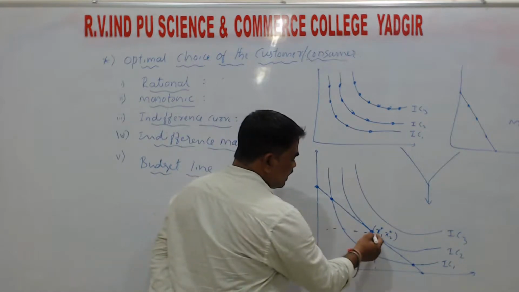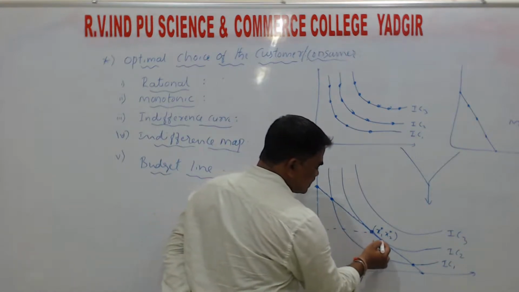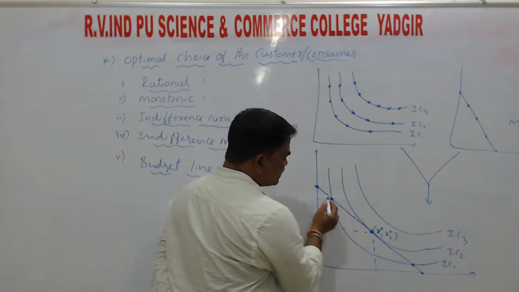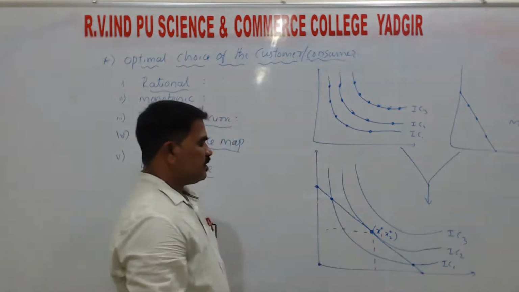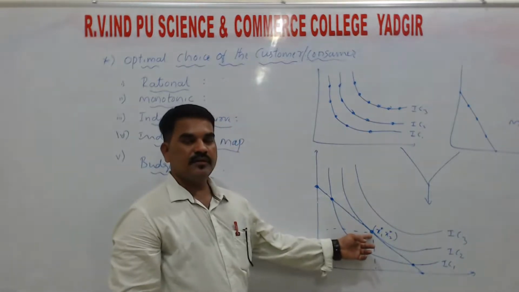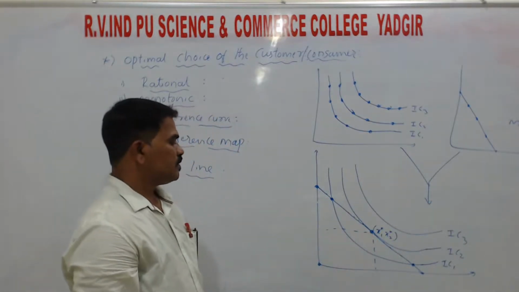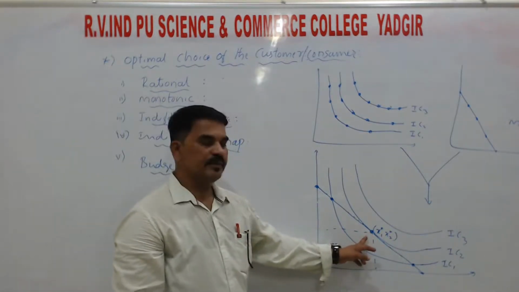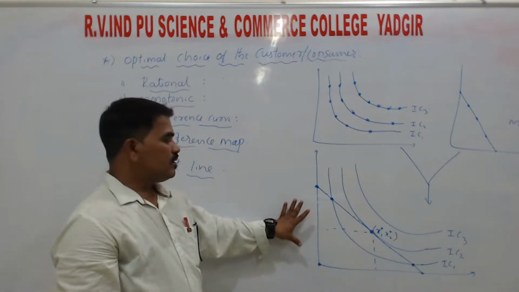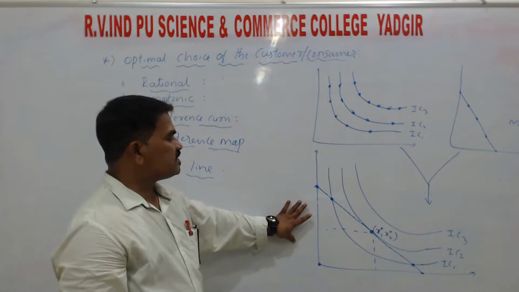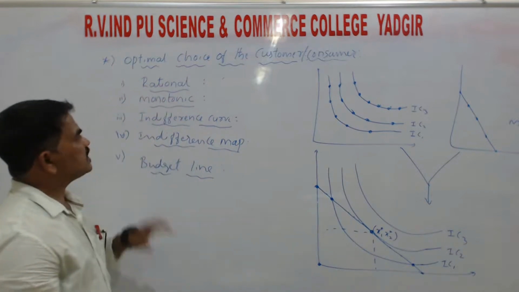The bundle where the budget line is just touching the indifference curve, or tangent to it, gives him maximum satisfaction. So this is his optimal choice. Clear? Now I'll write this in words so we can understand it.